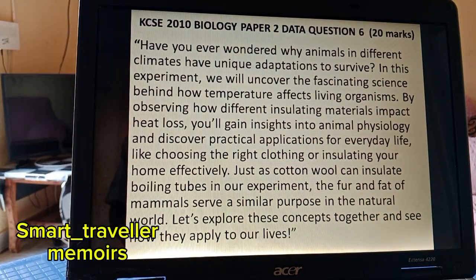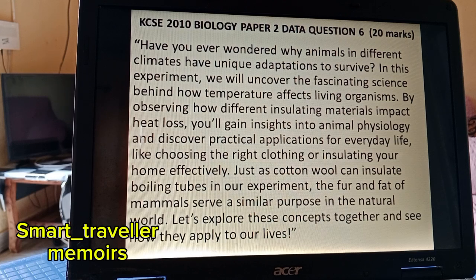So have you ever wondered why animals in different climates have unique adaptations to survive? In this experiment, we will uncover the fascinating science behind how temperature affects living organisms. By observing how different insulating materials impact heat loss, you gain insights into animal physiology and discover practical applications for everyday life, like choosing the right clothing or insulating your home effectively.